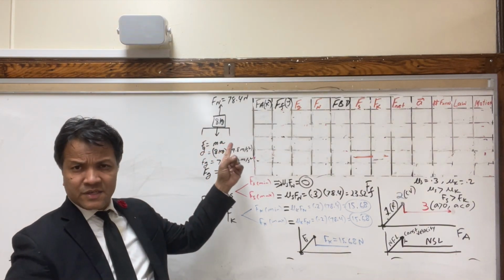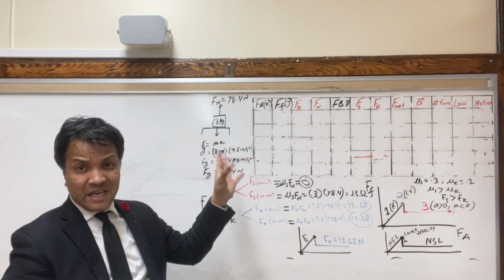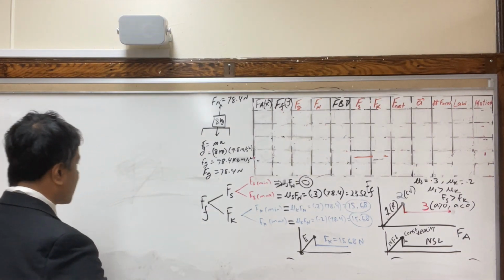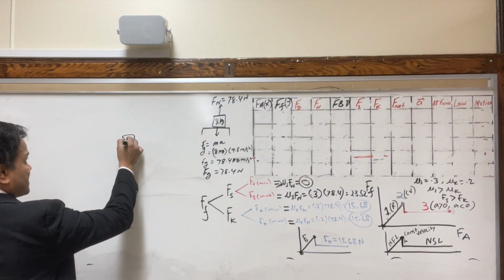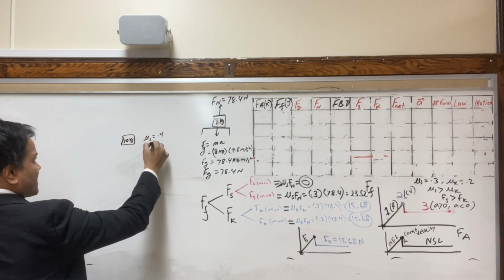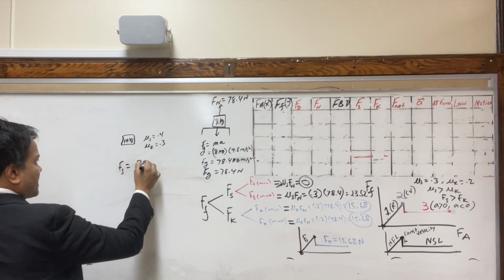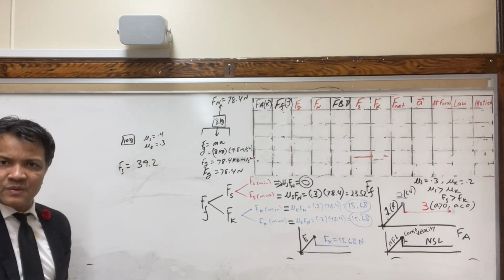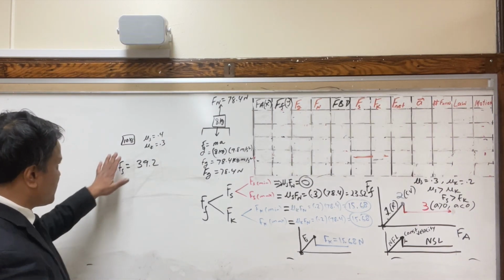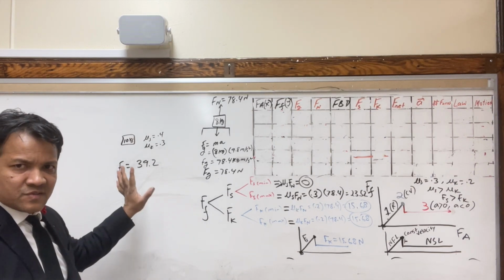This is if the mass is 8 kilogram. If you change the mass, that would be different. If you change the mass from 8 to 10 kilogram, and mu s is 0.4, mu k is 0.3, then Fs max would be 39.2. So if you increase the mass and change the friction, the Fs changes.